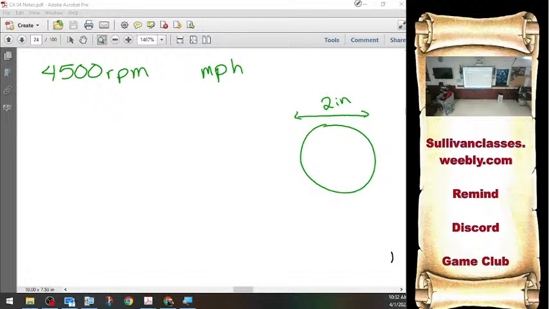It says RPM. I'm trying to find a tank's crankshaft. Yeah, 2-inch crankshaft, that's like an old John Deere 4500.